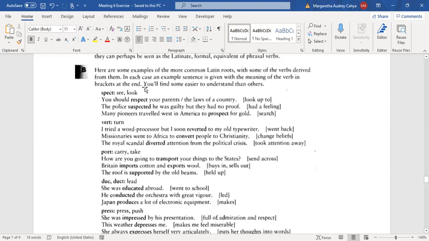To see, to look. Jadi seperti yang saya pernah bilang ya, I've told you before that some words can have different meanings, right? See is melihat, but look is not only melihat. So like if you say, for example, I ask you to look for the watch.